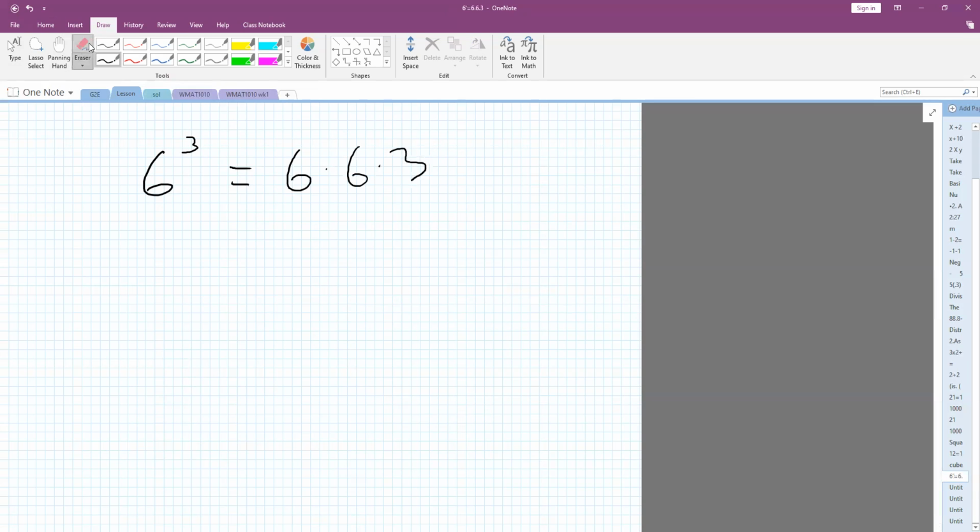So now, what is the answer? 6 times 6 is 36, and then 36 times 6. You can use paper if you want to calculate 36 times 6.